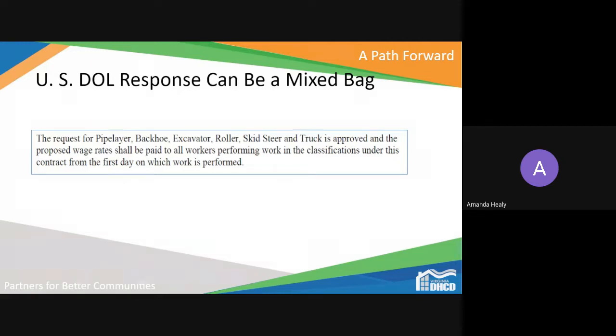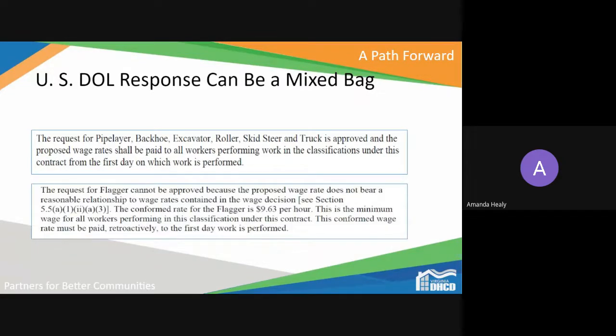For example, this is a request that was made again by Luray. They were requesting a pipe layer, backhoe, etc. And DOL approved all of the proposed wage rates. Next. But DOL did not approve the proposed wage rate for the flagger. And that's because the amount that they were proposing for the flagger was less than the wage rate for a common laborer.